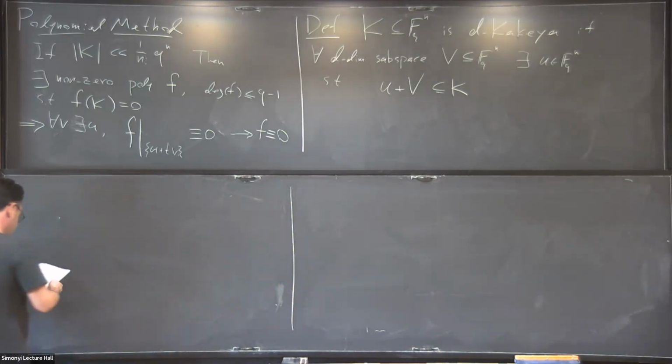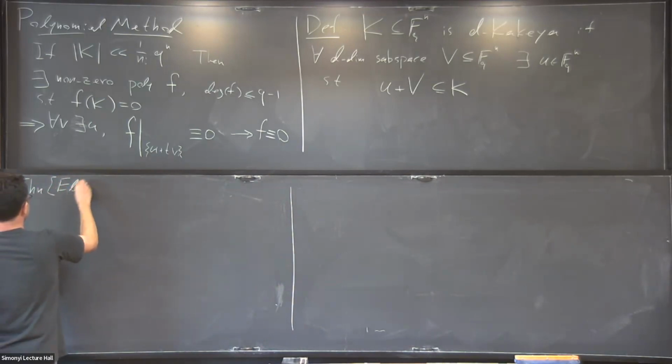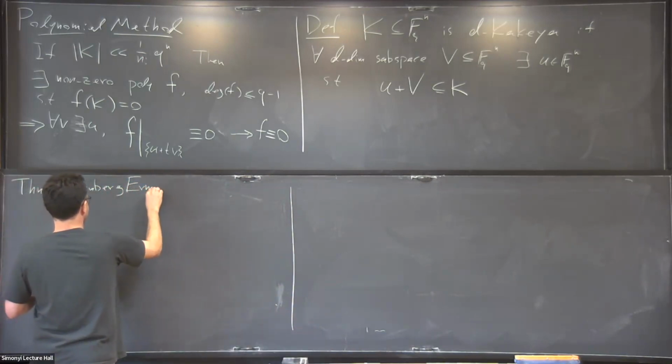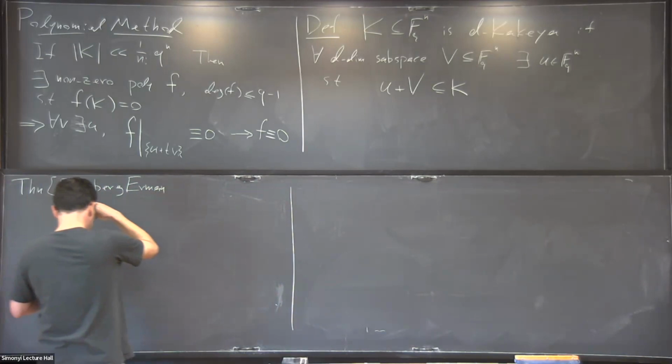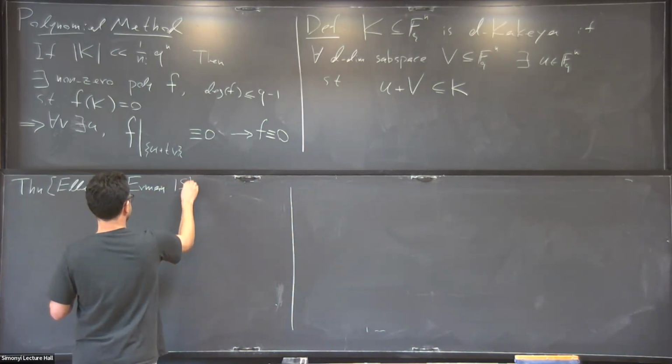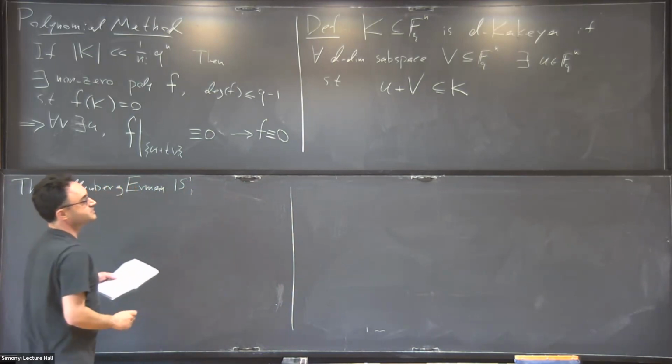Right, so the first paper to get anything about this kind of question was a theorem of Ellenberg and Erman from 15, and it's a bit of a pattern here.